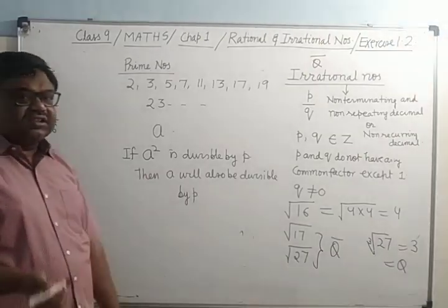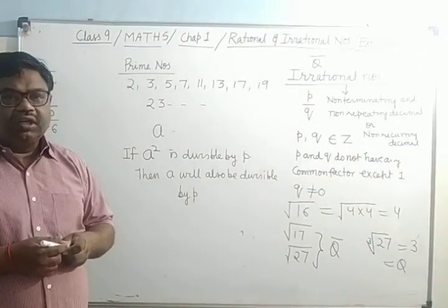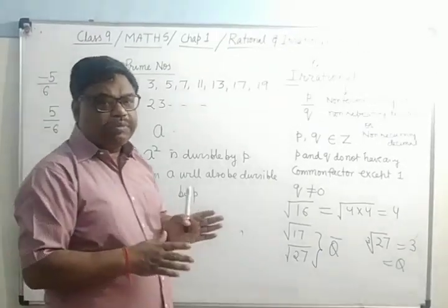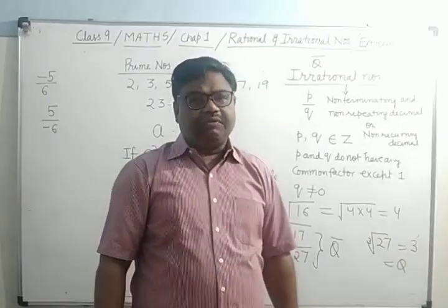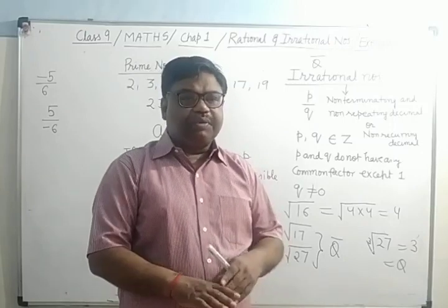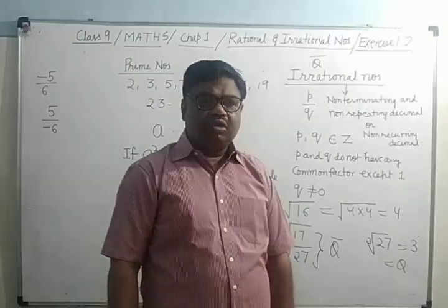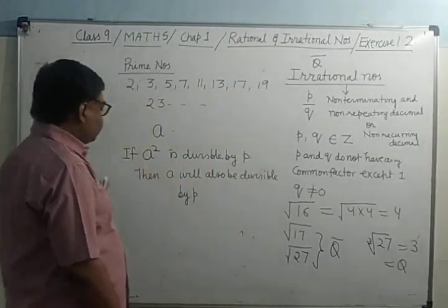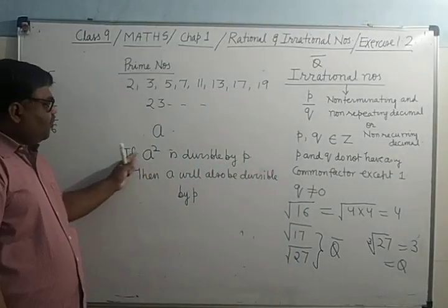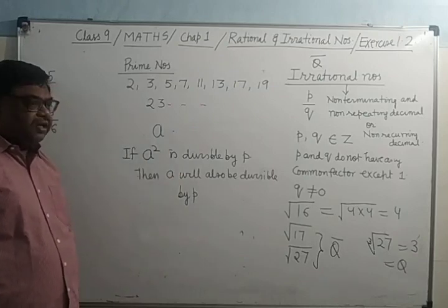Whether it is 6 or minus 6, both will be divisible by 2. If 8 is divisible by 2, then minus 8 will also be divisible by 2. If 9 is not divisible by 2, then minus 9 will also not be divisible by 2. So we don't take the sign. So if a square is divisible by p, then a will also be divisible by p.